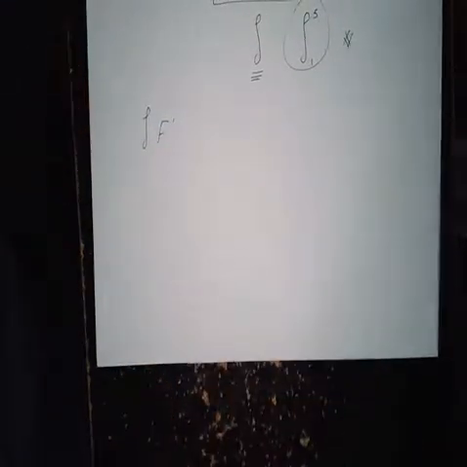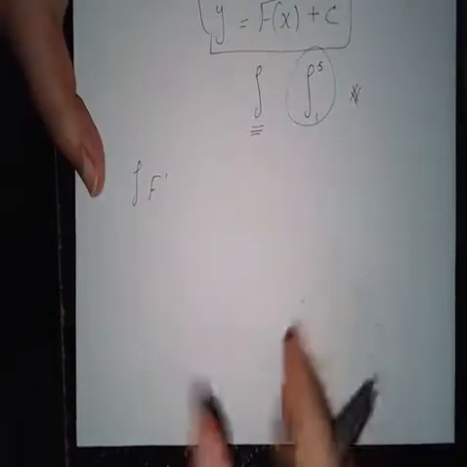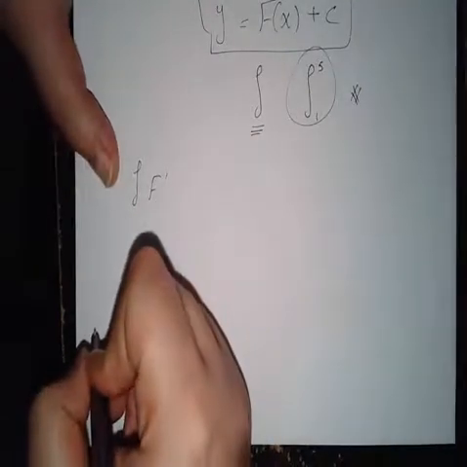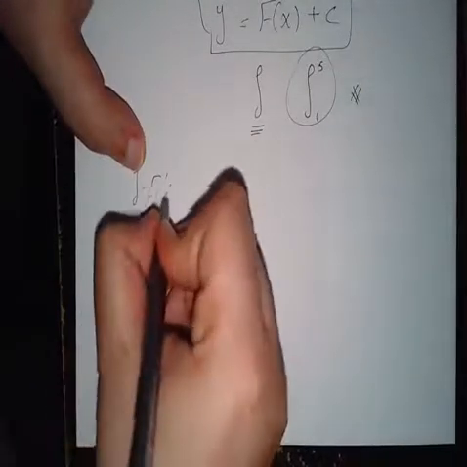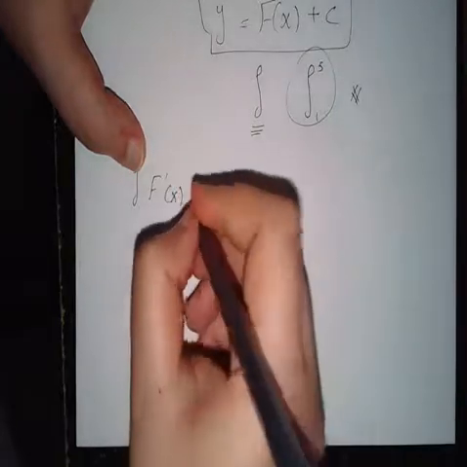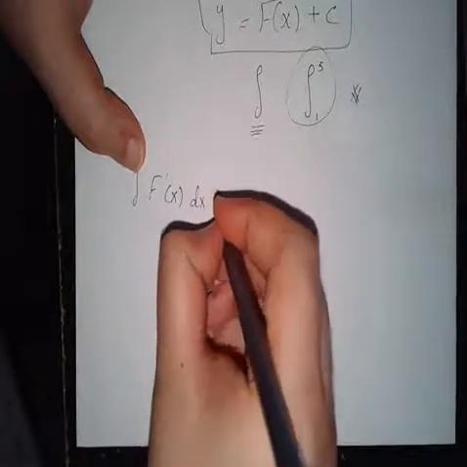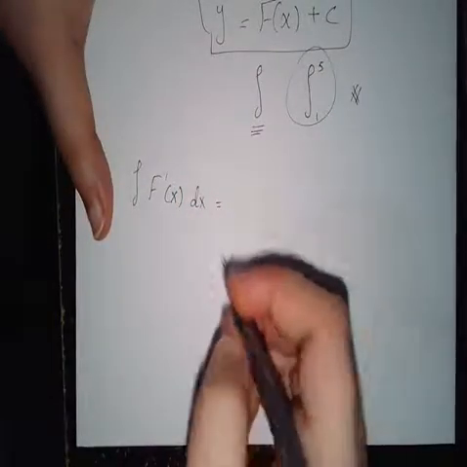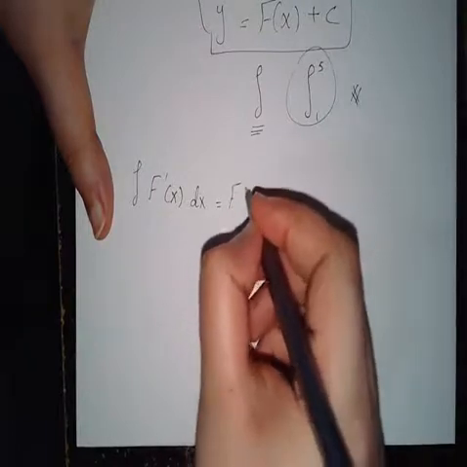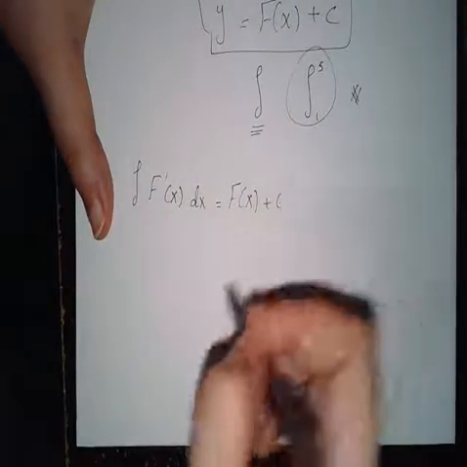So bear with me. Maybe I can zoom in a little because it looks kind of small. There. Okay. So we have an integral of f prime of x dx, remember, you always multiply it times dx, equals f of x plus c, right?